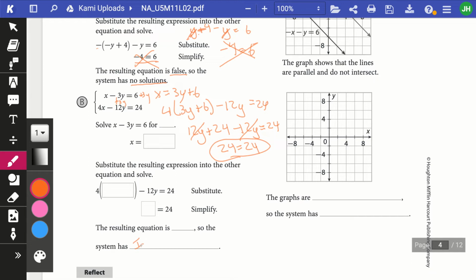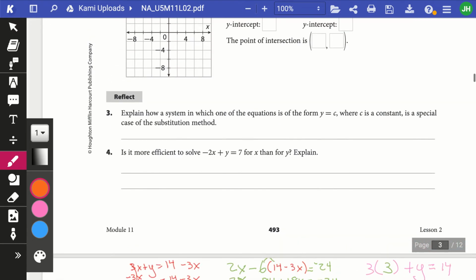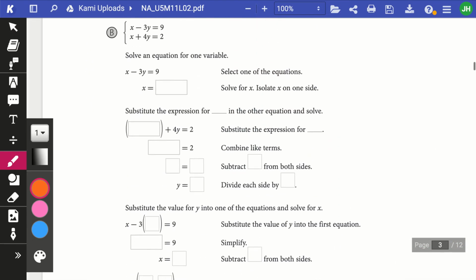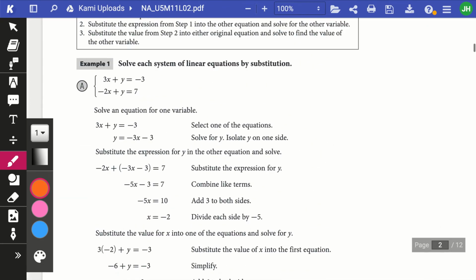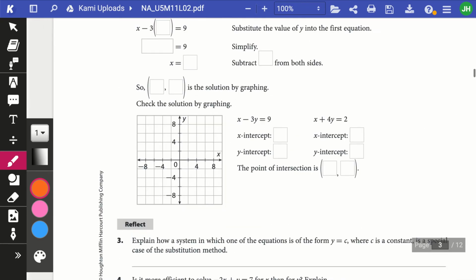System has infinite solutions because the two graphs are basically the same line, right? x minus 3y, so you get negative 3y equals, or y equals, well, we could graph them. We are not going to graph them because I'm trying to go through this quickly for you so you can get your work done.